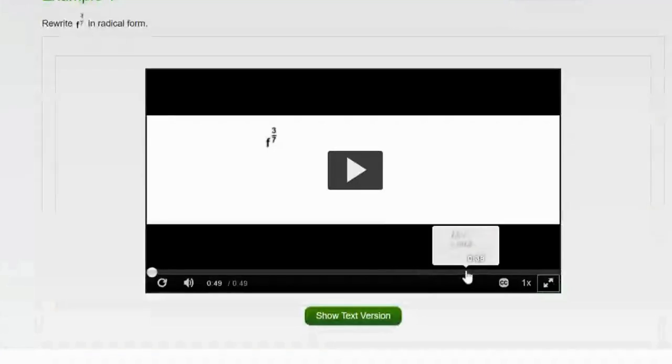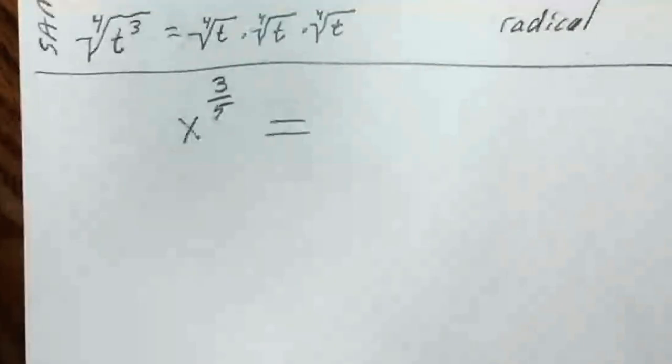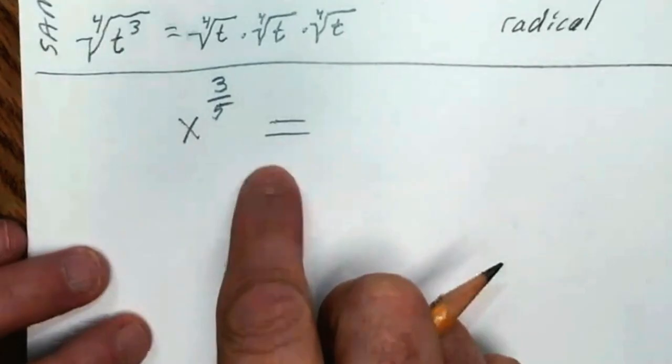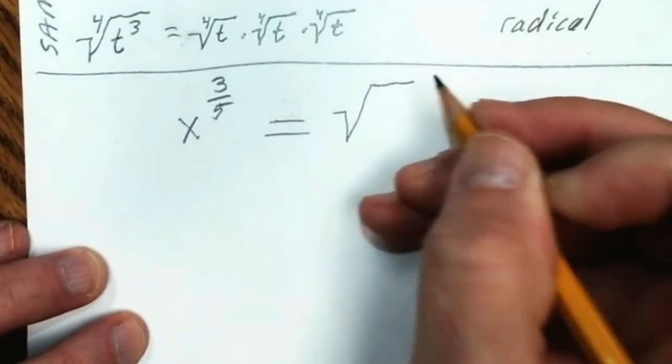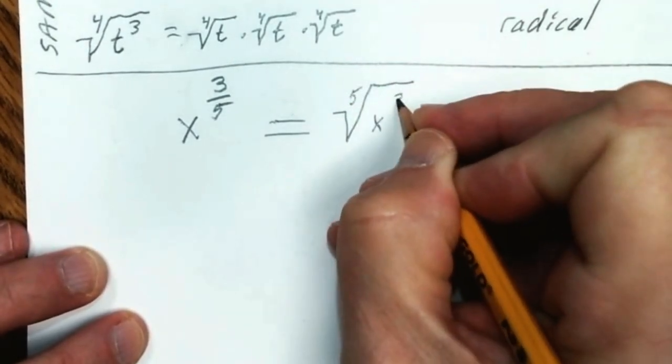Okie dokie. So that was talking about how you convert from one method to the other. So that would be great to put in our notes. So let's just use something we're more commonly seeing. Let's say x. All right, so using x to the 3/5 power, that would be the same thing as the 5th root of x to the 3rd.